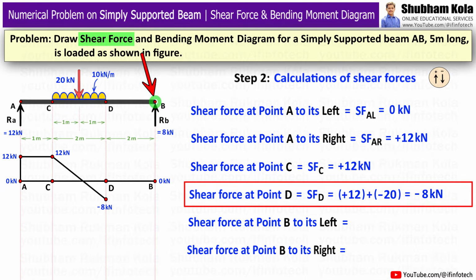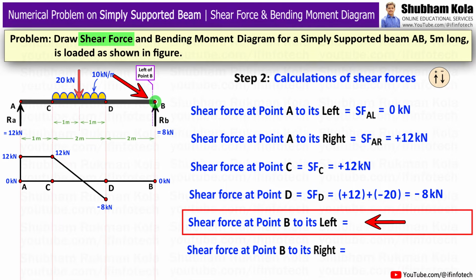Now at point B, there is reaction force RB. Therefore first to calculate shear force at point B to its left, that is SF at B to the left equal to, and here I will carry forward previous value of shear force up to point D, which is minus 8 kN.